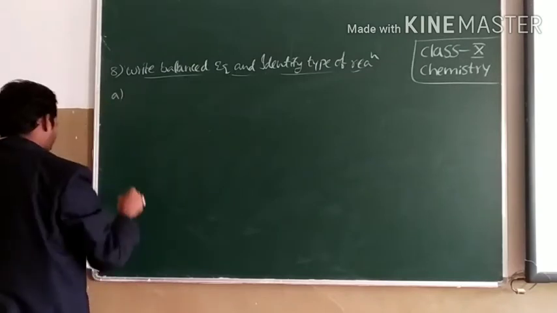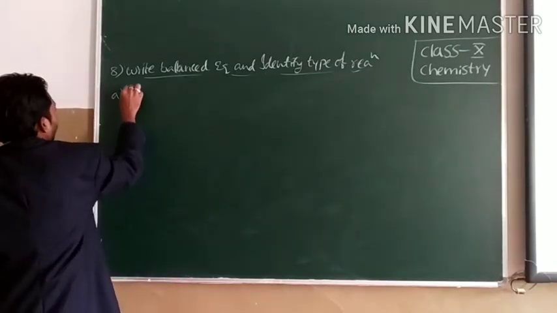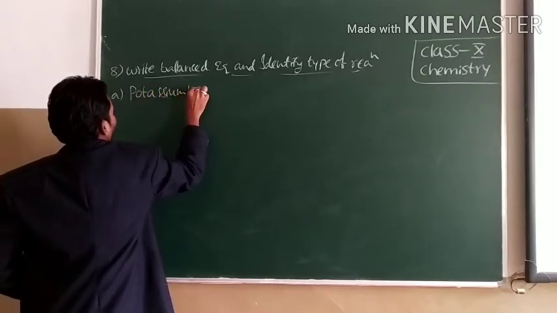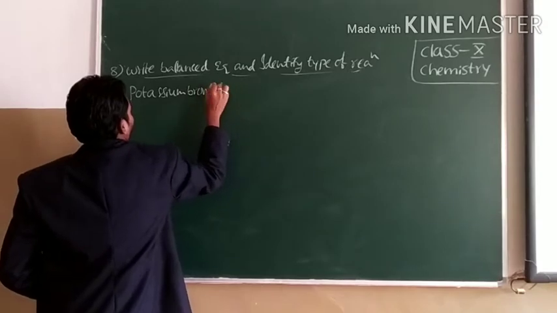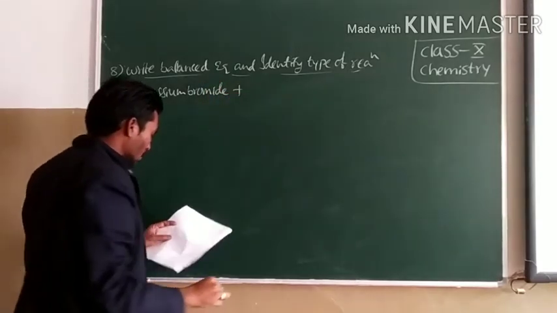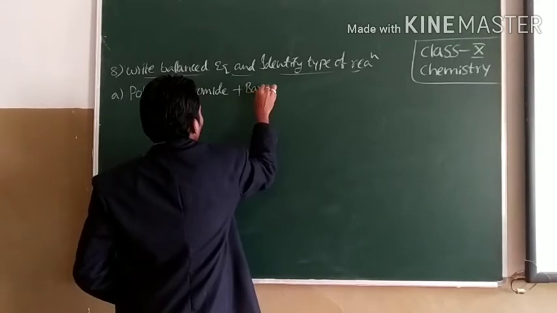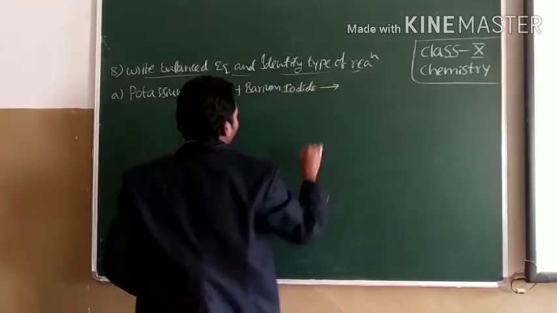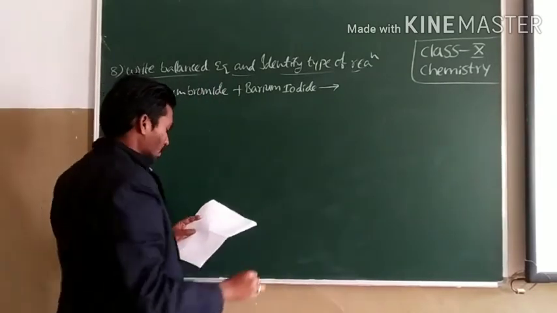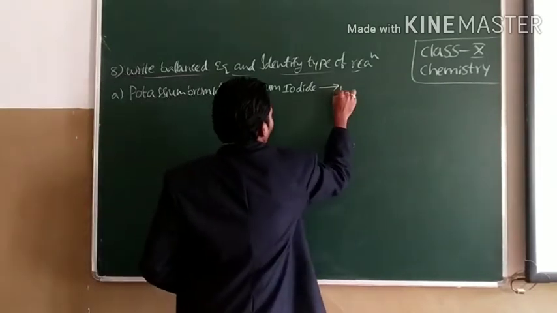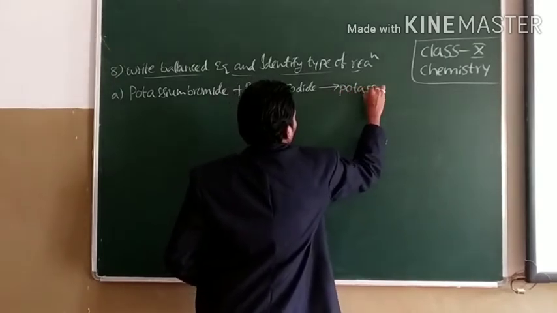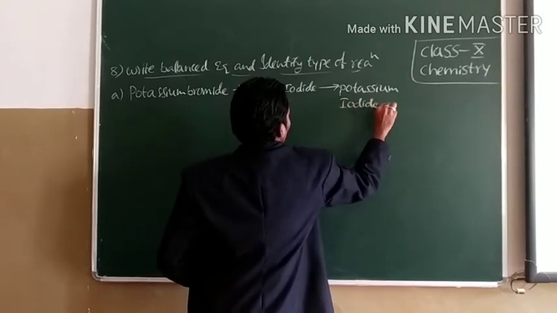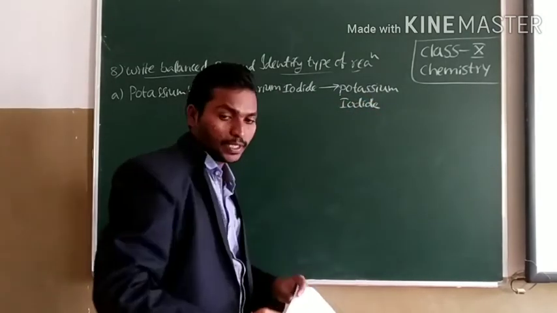The first one: potassium bromide plus barium iodide gives rise to potassium iodide plus barium chloride.